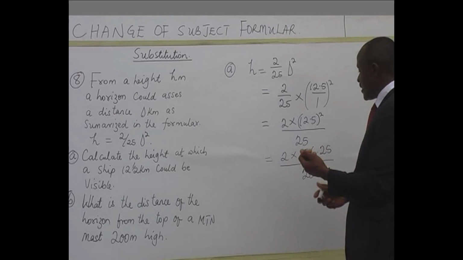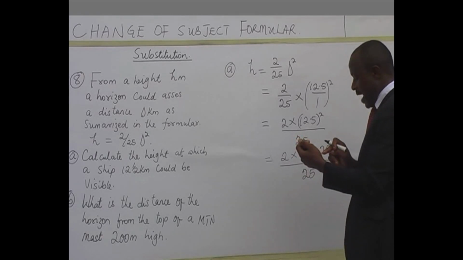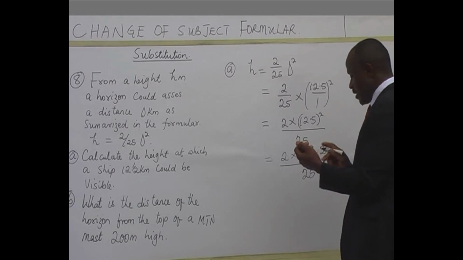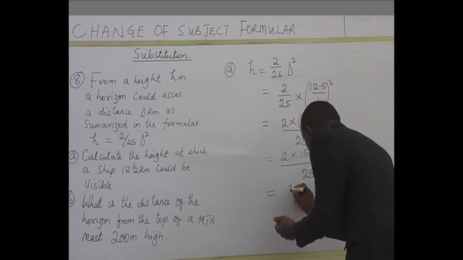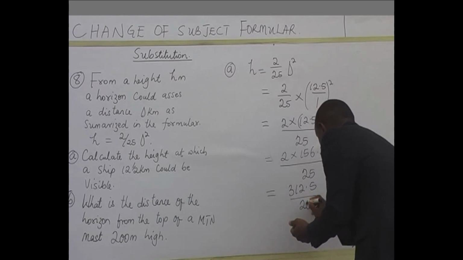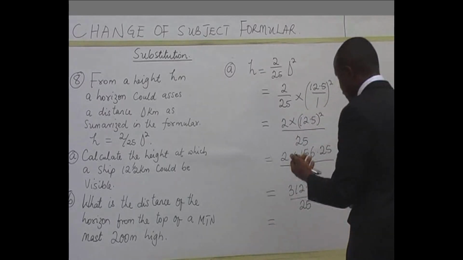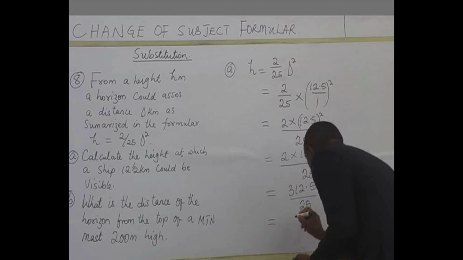Multiply 2 and 156.25, which is giving us 312.5, now divided by 25. Divide that by 25, you have 12.5.